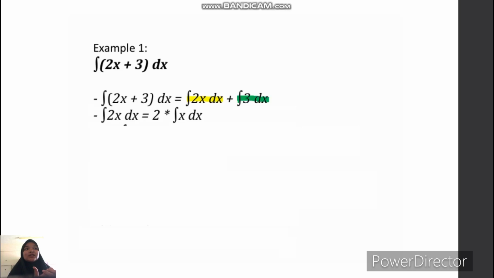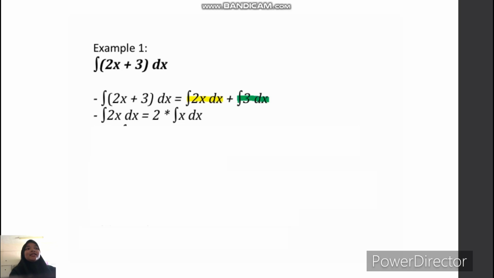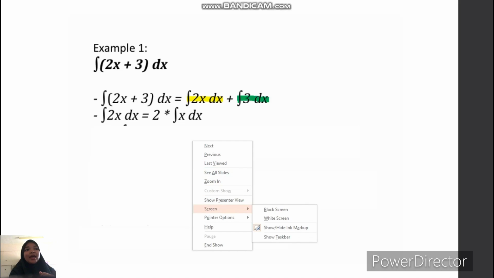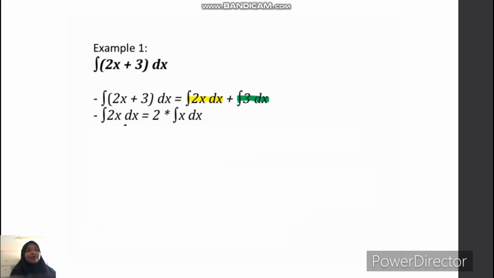So let's solve the first term first. After we make it into x dx, we will have 2 times x dx. That is for the first term. Now we know that for 2 times x dx, the n is 1. So we must apply the power rule for term number 1.